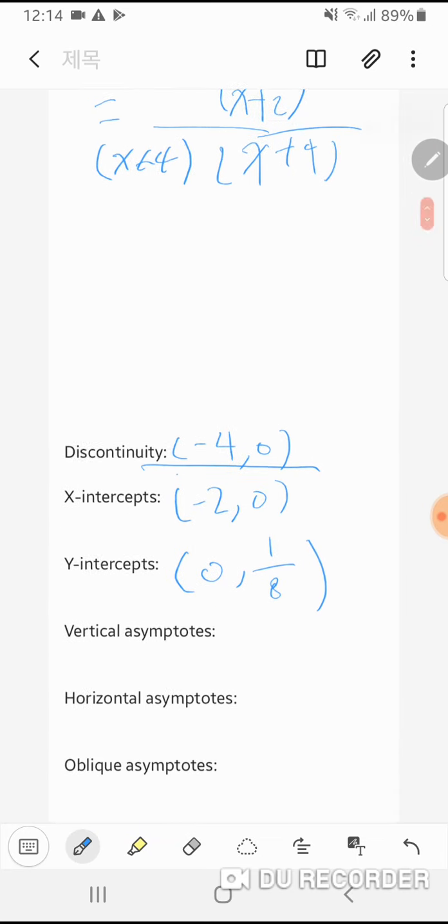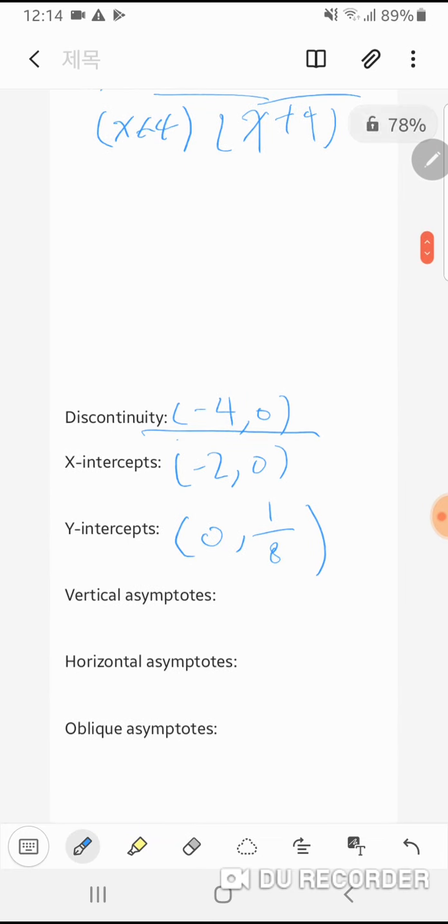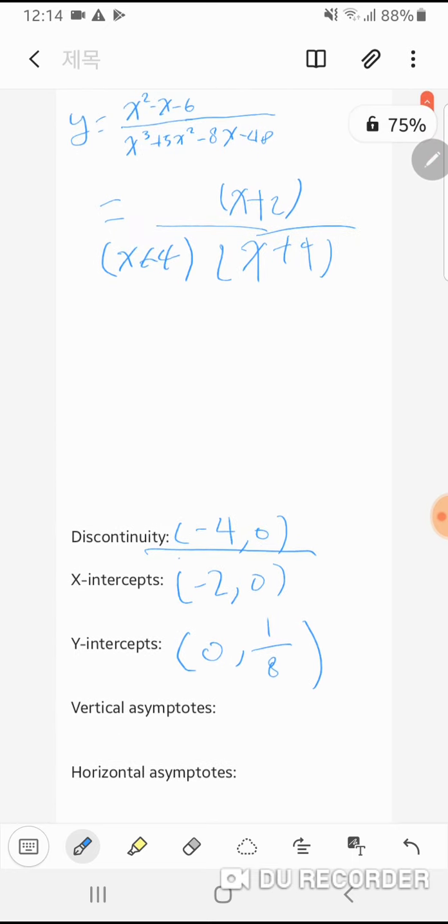And then the vertical asymptote. For the vertical asymptote, we just have to see what makes the denominator 0.